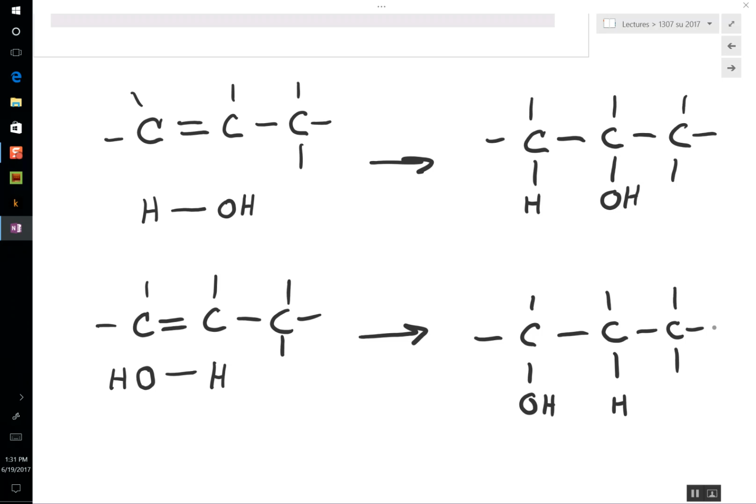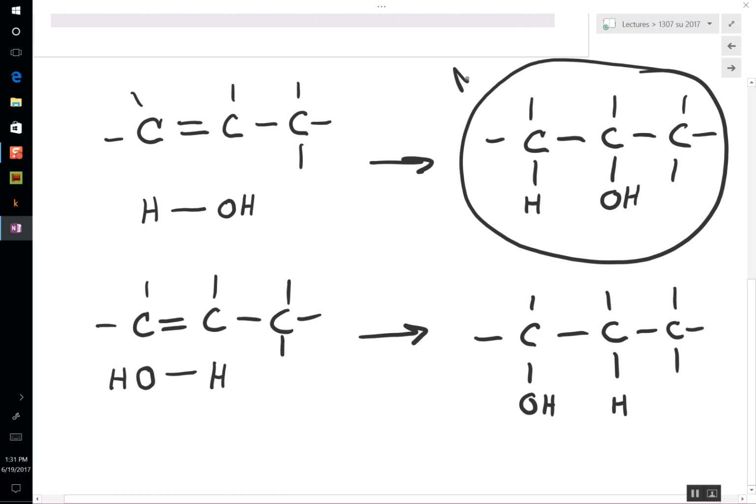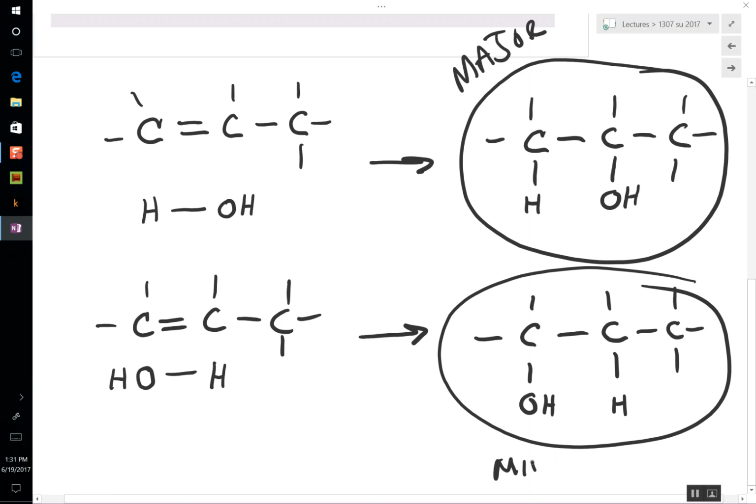But the OH is on the second carbon here, the OH is on the first carbon there, and you say, well, which product do you get? Well, you get some of each one of these, but one of them is the major product. This is the major product, and this is the minor product.